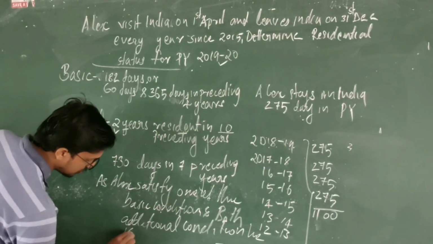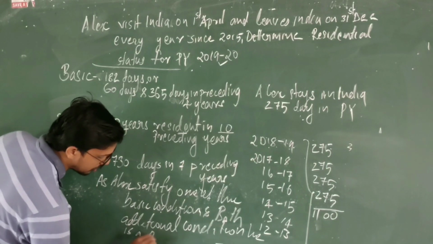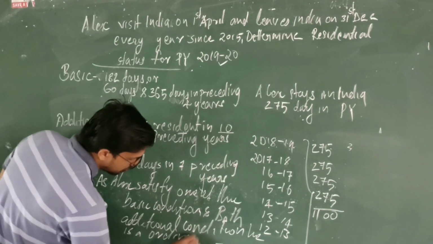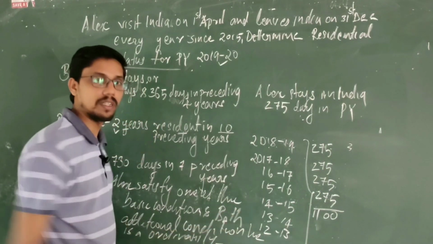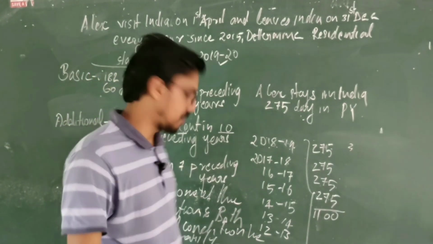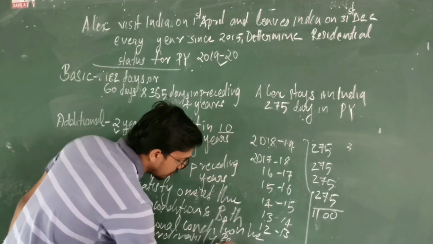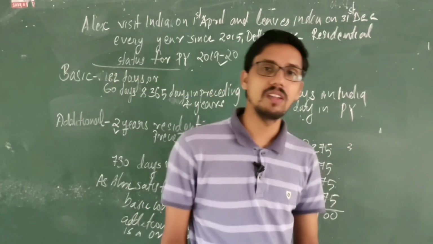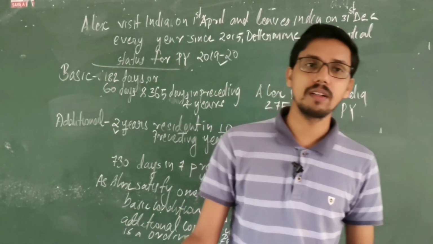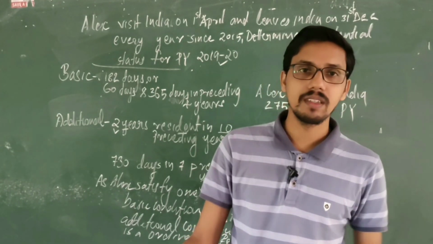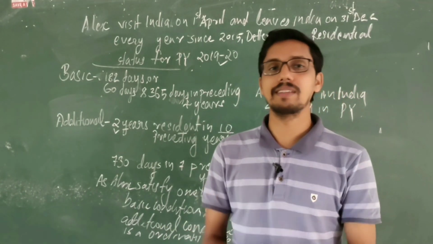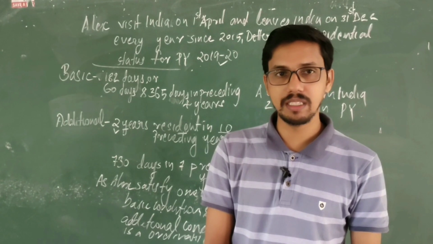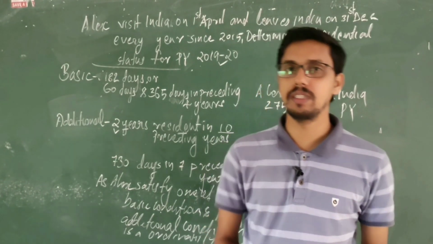He is an ordinarily resident. So that's all. I hope you got the concept. That is, first we have to check whether he is a resident or not by checking the basic condition. Then we have to check both additional conditions.